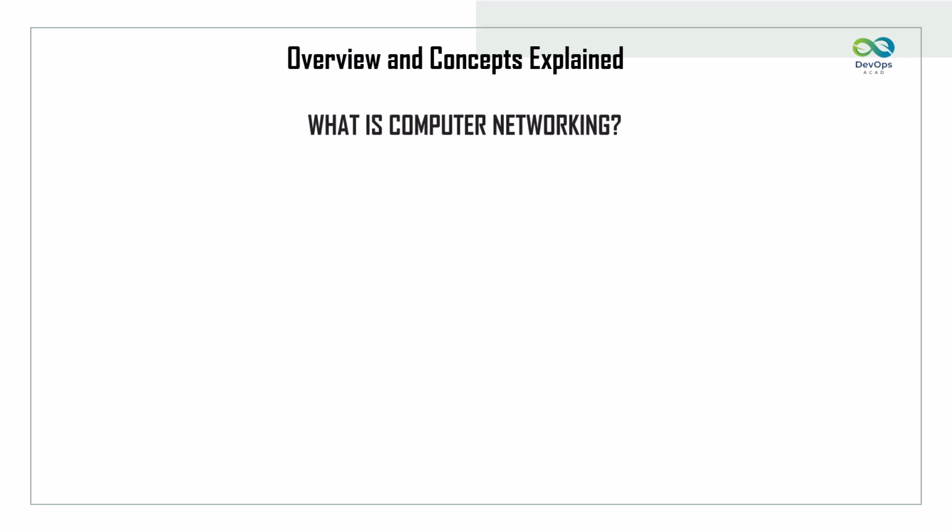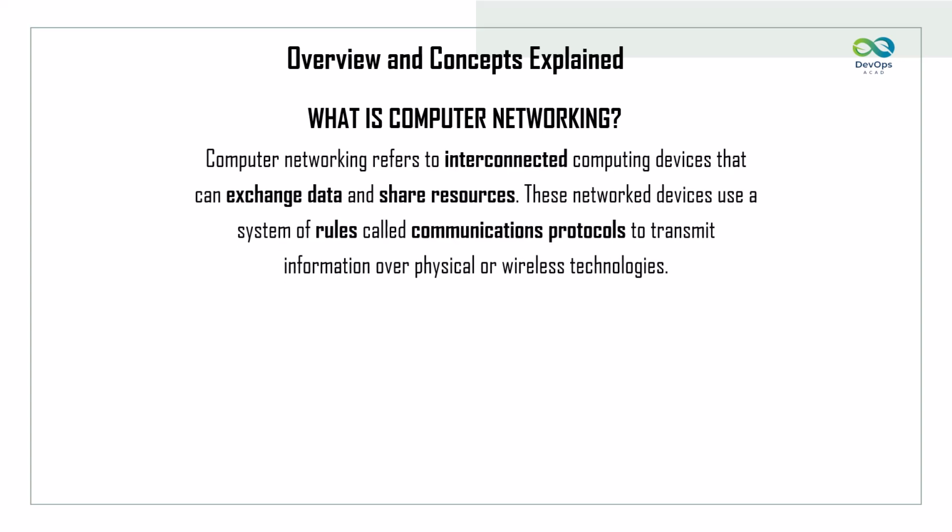All right, so let's get into the subject of today. We're going to be looking at the overview and the concept. We're going to be explaining what networking is and try to help us understand the concept of networking. So let's start with what is computer networking. Computer networking refers to interconnected computing devices that exchange data and share resources.